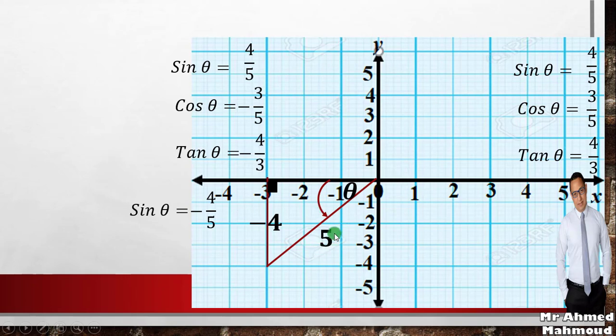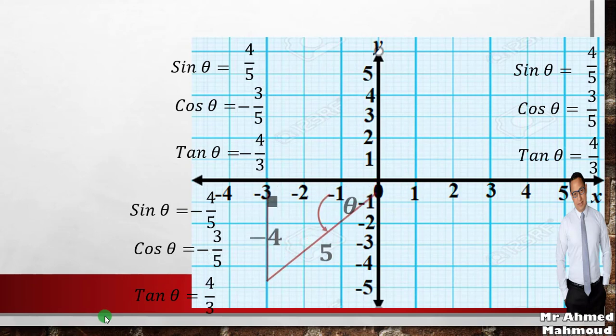Cosine theta equals adjacent over hypotenuse, -3 over 5. Tan theta equals opposite over adjacent, -4 divided by -3 equals +4 over 3.